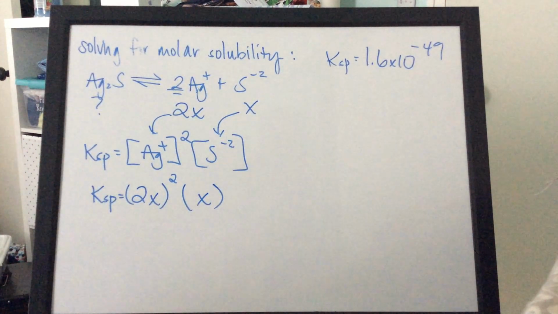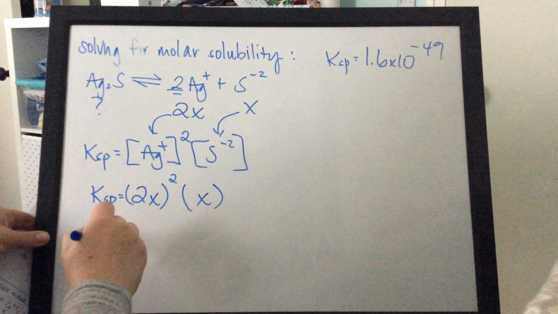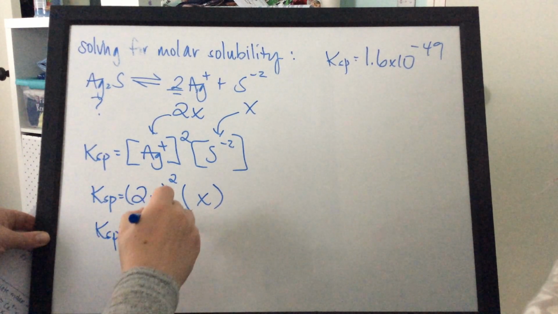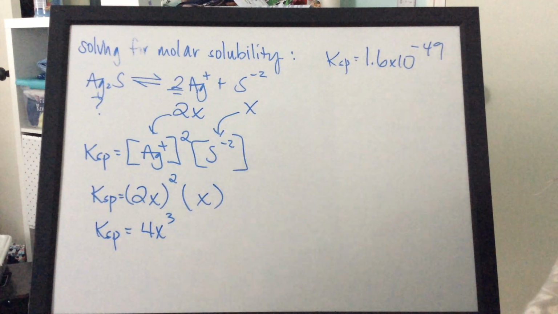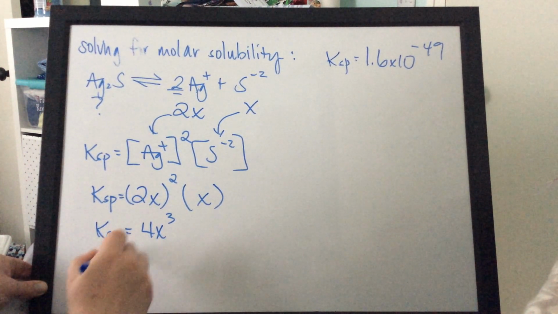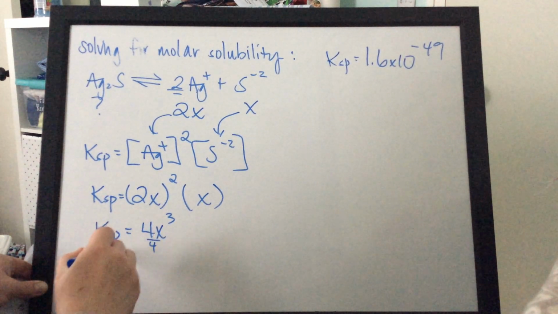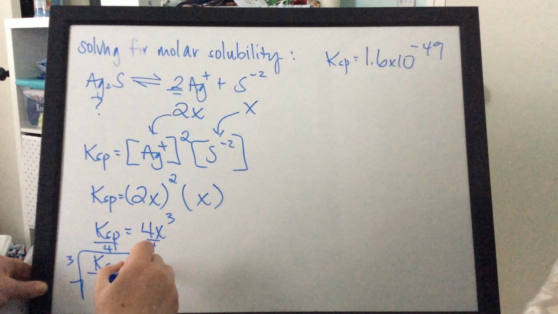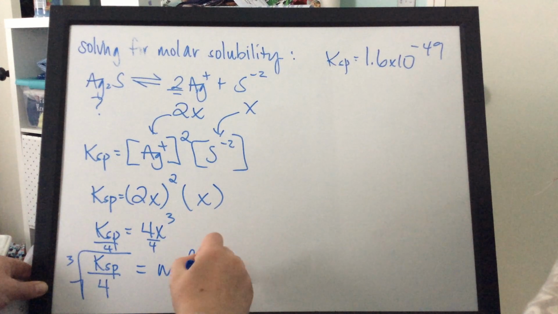We're looking at that same kind of example problem that we did just a minute ago, where we ended up taking the Ksp, dividing it by 4, and then taking the cube root, which is going to give me that molar solubility.